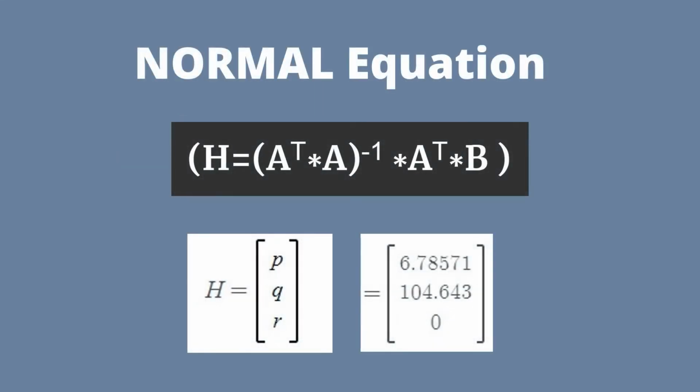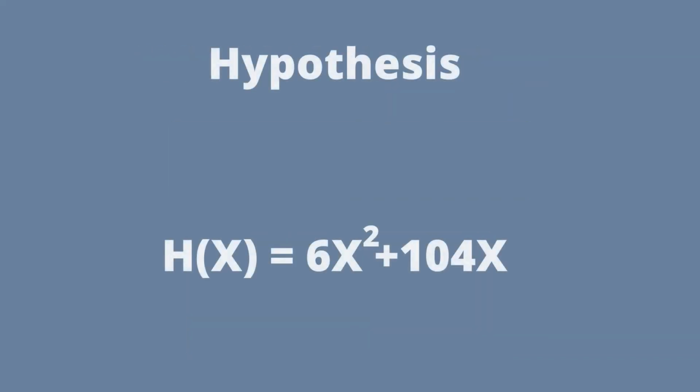Further, using the normal equation, we will be able to find the H matrix. Substituting the values of the hypothesis matrix in the quadratic equation, we get the hypothesis equation, which is key in finding the estimation cost.